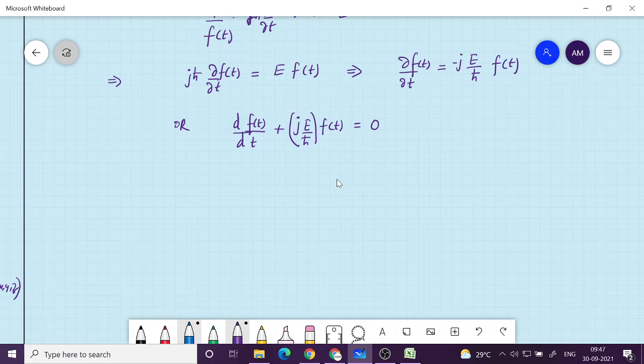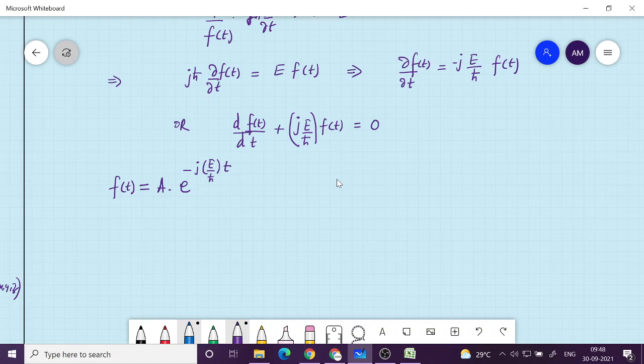The solution to this equation is basically f of t is equal to some constant, let's say a, into e raised to minus of whatever this constant is, that is j E by h cut, into t.